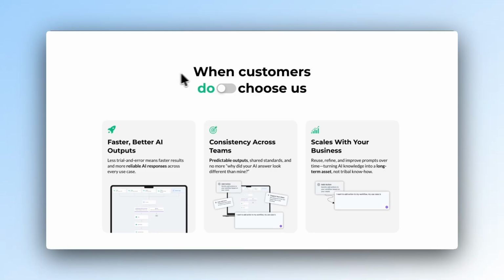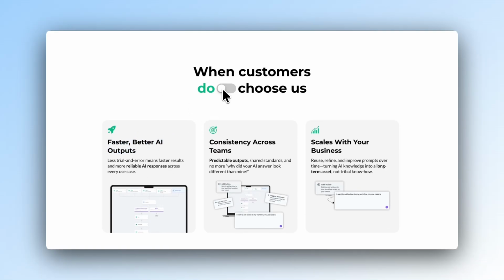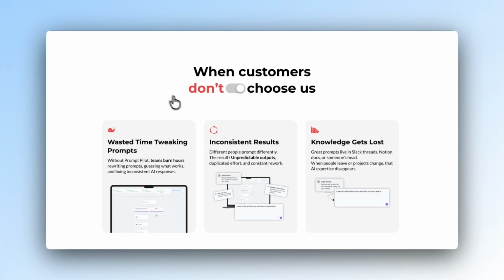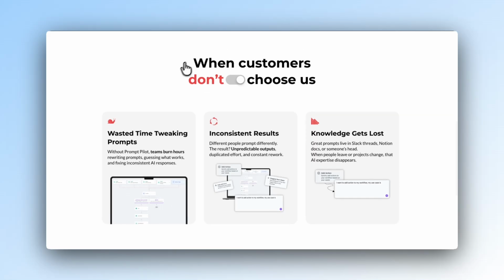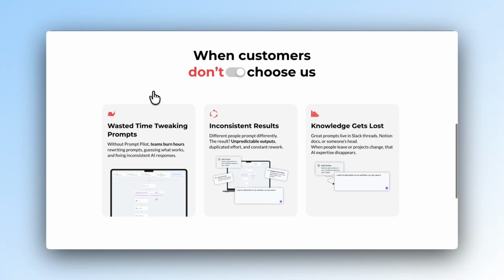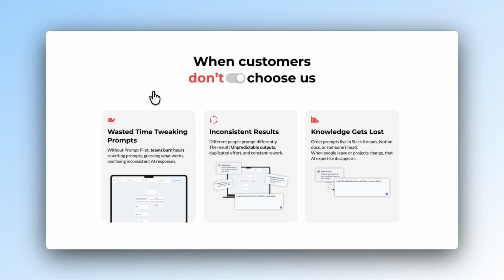So we have this title here when customers do choose us, and then we have some benefits with images and icons and everything, and then you have this switch here, and if you flip the switch, then everything changes to when customers don't choose us, and then instead of benefits you have the drawbacks of not working with us, which in my opinion is an extremely powerful section to have on your website.